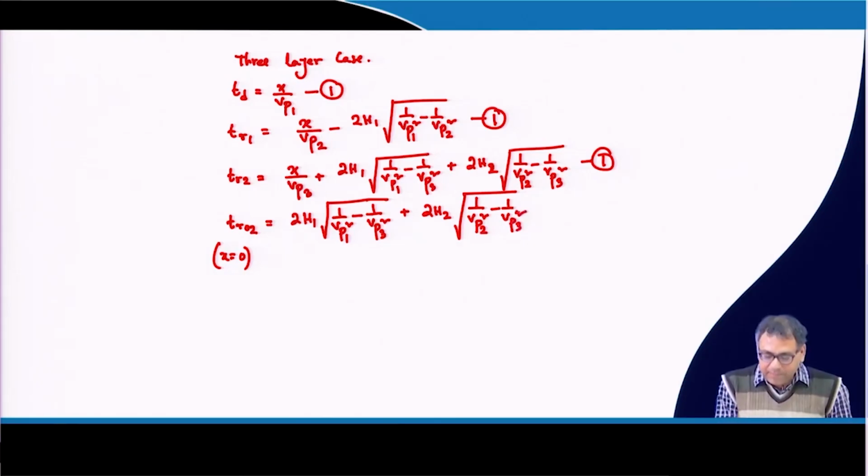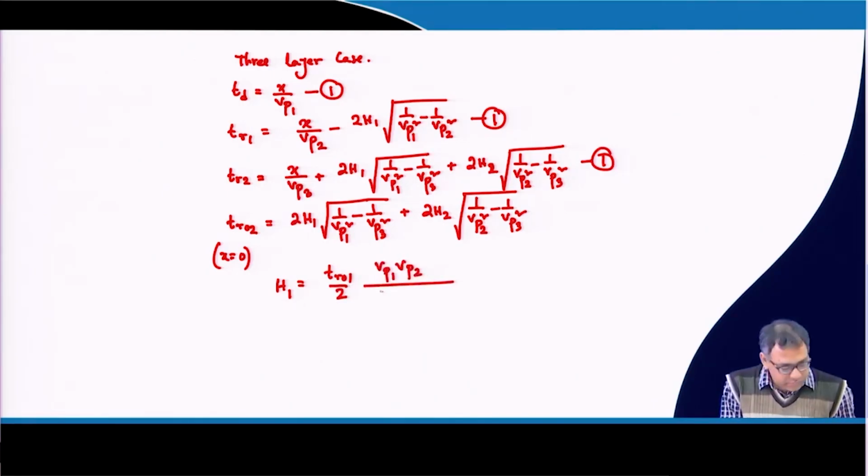Here I have already discussed how I will get H1. The expression for H1 I am giving only in terms of time: Tr01 divided by 2, times Vp1 Vp2, root over Vp2 square minus Vp1 square.